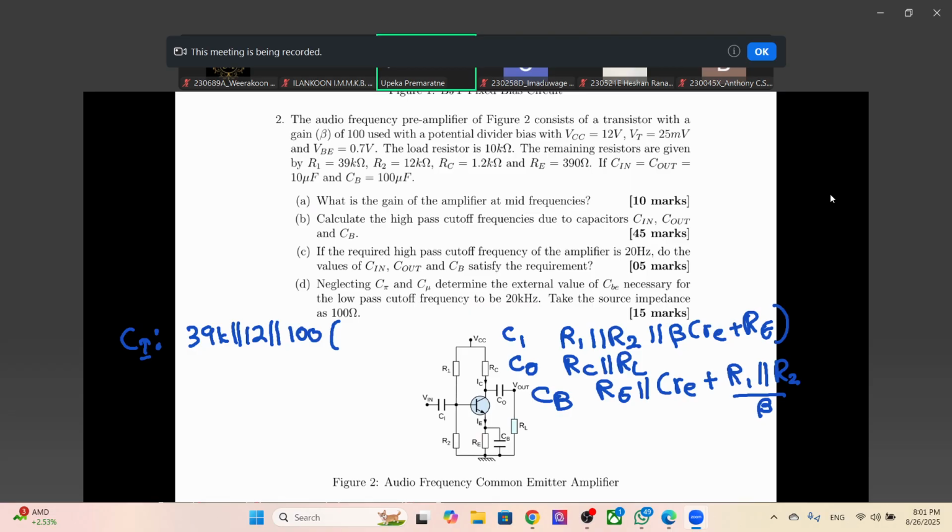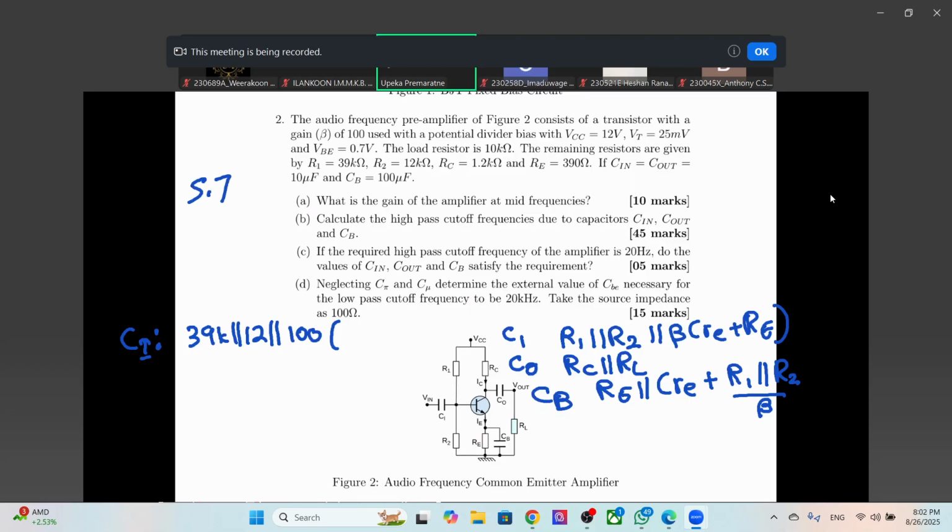So r_e is given, r_e when we calculate it is 5.7.